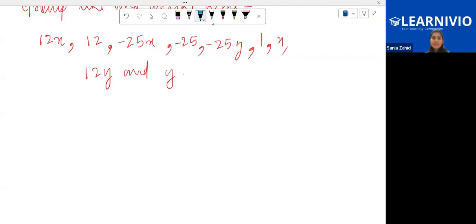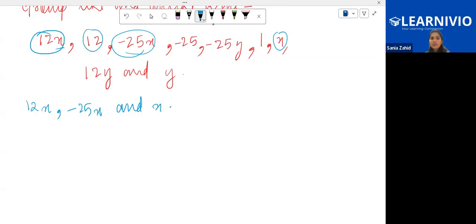See, for example, you have 12x. What are the like terms with it? Here the variable is x. So where else is the variable x? Over here, and then here. Then nowhere else. So the first pair of like terms is 12x, minus 25x and x. Then you have 12, which is just a number with no variable.